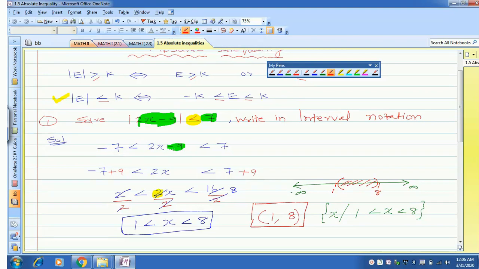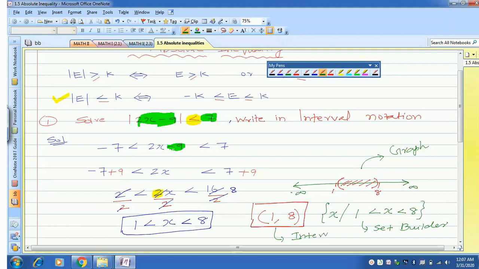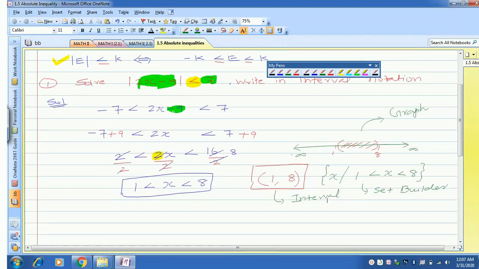So this is the graph, this is set builder, and this is my interval notation.